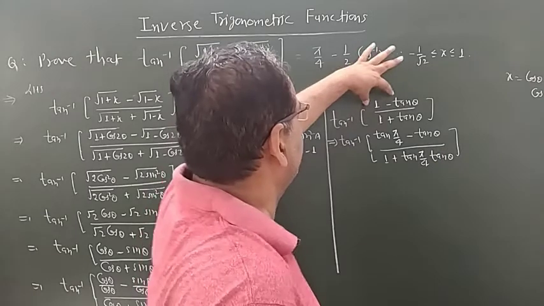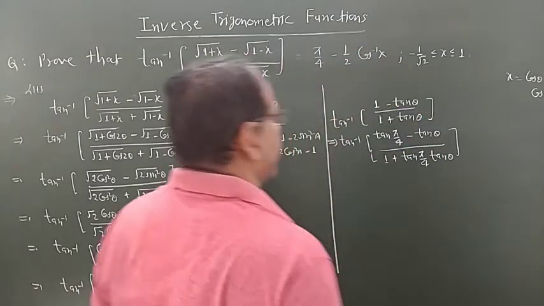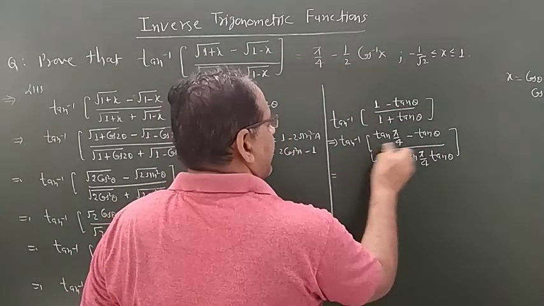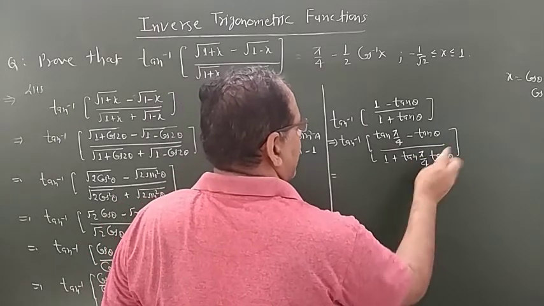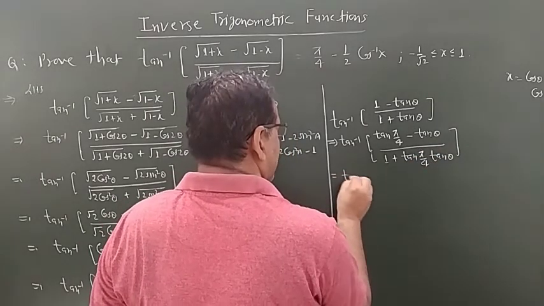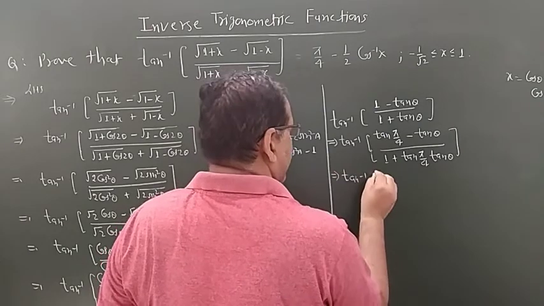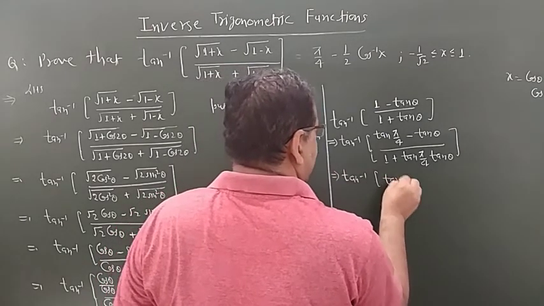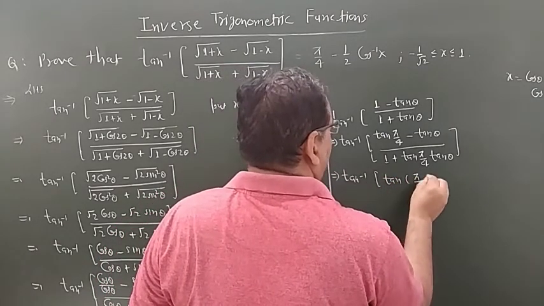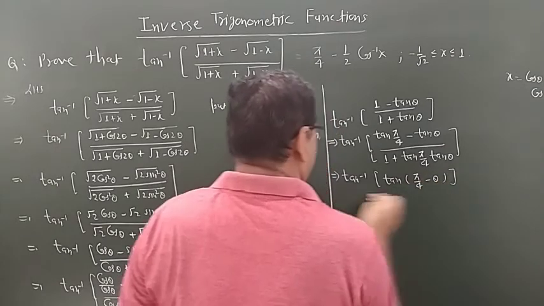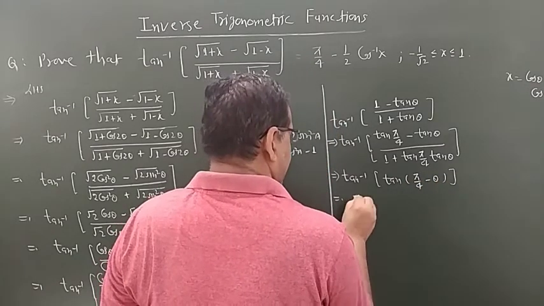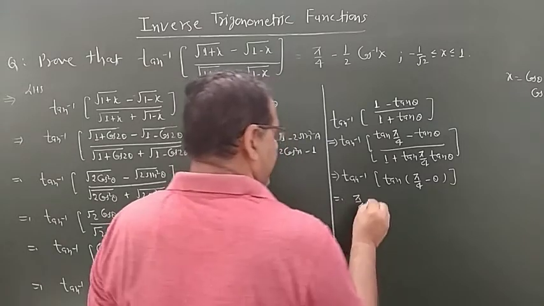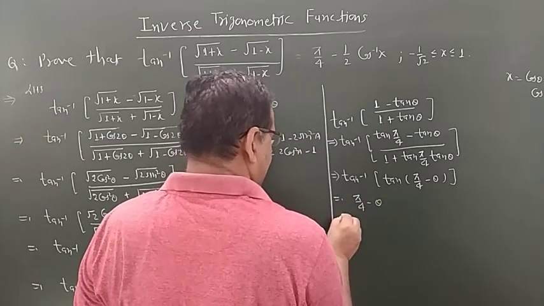This expression is converted into the formula of tan A minus B: tan A minus tan B upon 1 plus tan A tan B can be written as tan (A minus B). So this step becomes tan inverse tan (pi by 4 minus theta). The next step becomes pi by 4 minus theta.